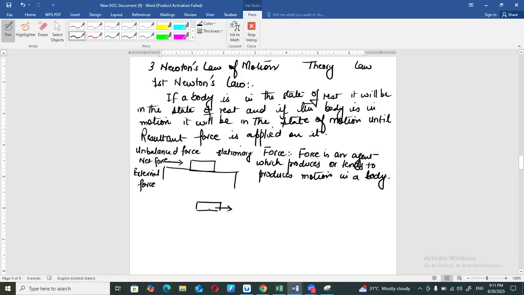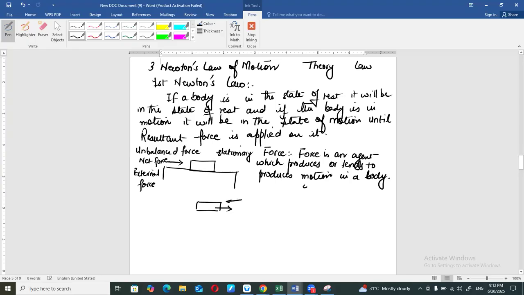The reason is the force of gravity or air friction. These two forces are always acting on the body. If you remove these two forces, the body will move on and on forever. So, if a body is in the state of motion, it will remain so until a force is applied.